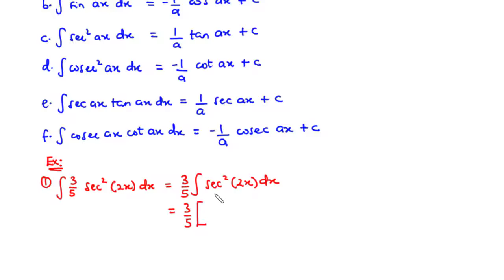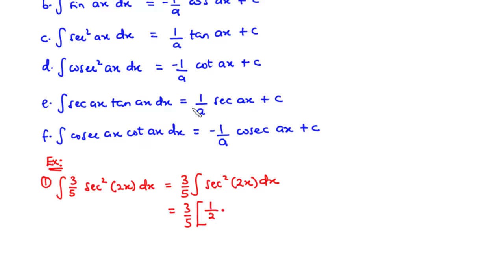Now if you integrate sec square ax, you have 1 over a times tan ax plus c. So here we have a equals 2. So if you want to integrate sec square 2x, then you differentiate 2x so that you have 2, and that appears at the denominator.